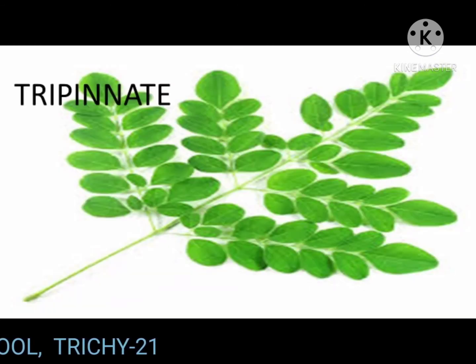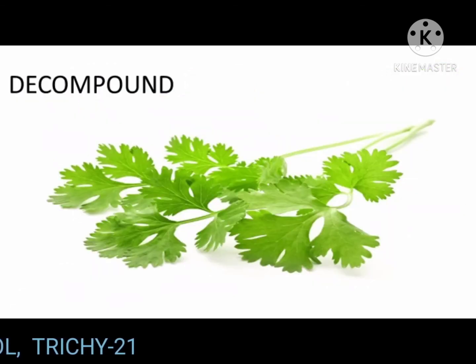When the rachis branches thrice, the leaf is called tripinnate. The secondary rachis produces the tertiary rachis which bears the leaflets. Example, moringa. Decompound. When the rachis of the leaf is branched several times, it is called decompound. Example, Coriandrum sativum.